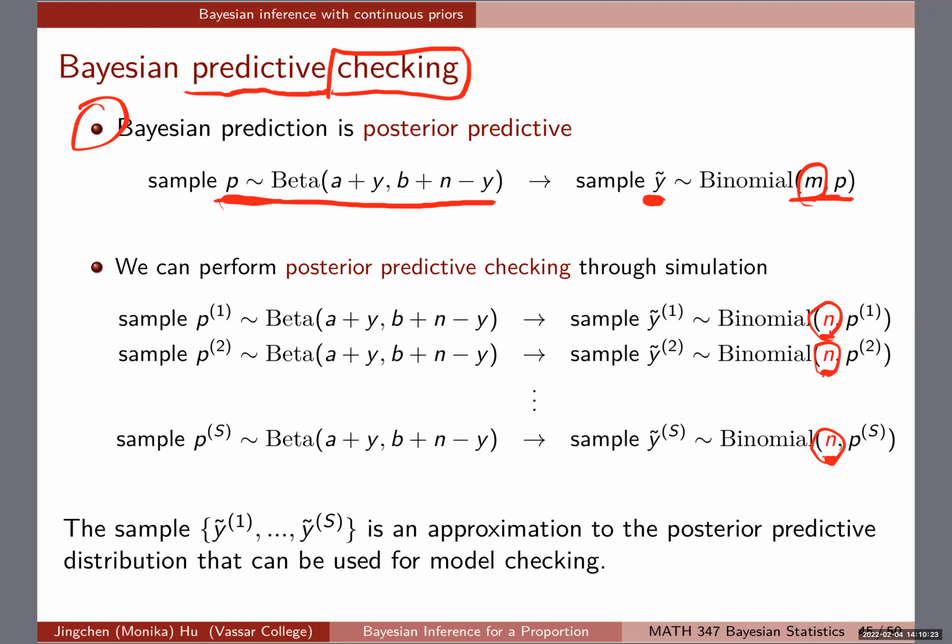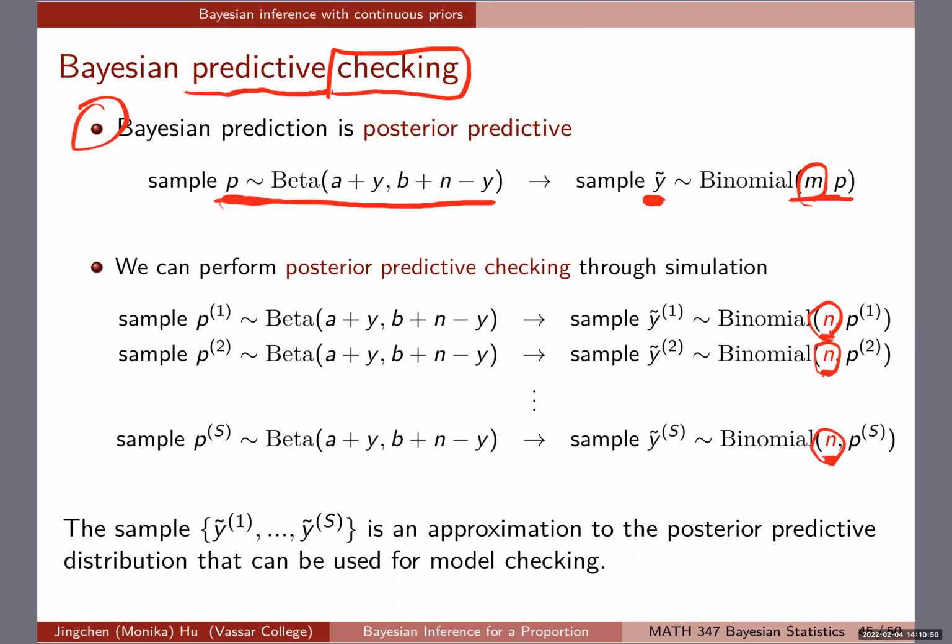Okay? So the general idea of the checking over here is that, well, I have this particular sample. If you remember, our data N is 20, right? And Y is 12. And what we're trying to do is now we have a posterior distribution of that data, 15.06 and 11 or 10, whatever over there. So we want to just see how good that is describing what we saw in the observed sample.